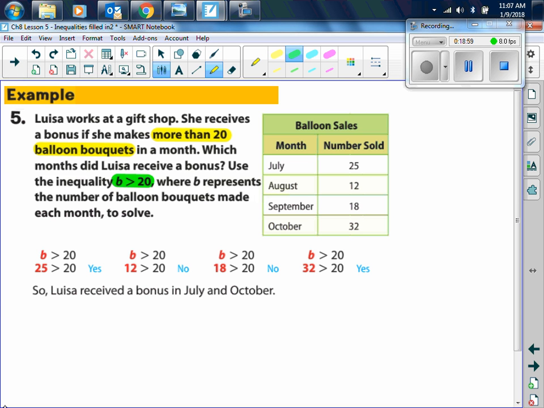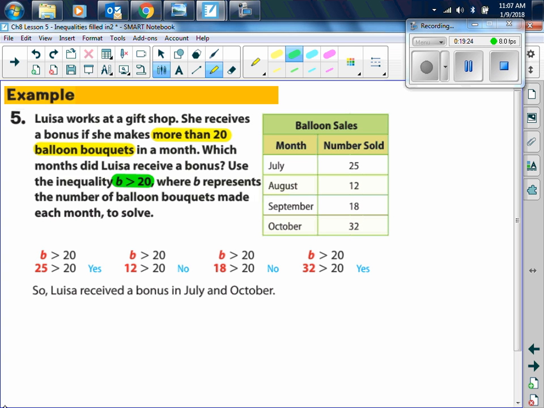Okay? So here, B has to be greater than 20 in order for her to get a bonus. Does everybody understand that? So, what numbers can be B? Start with the first one. 21, 22, 23, 24, 25, and so forth.